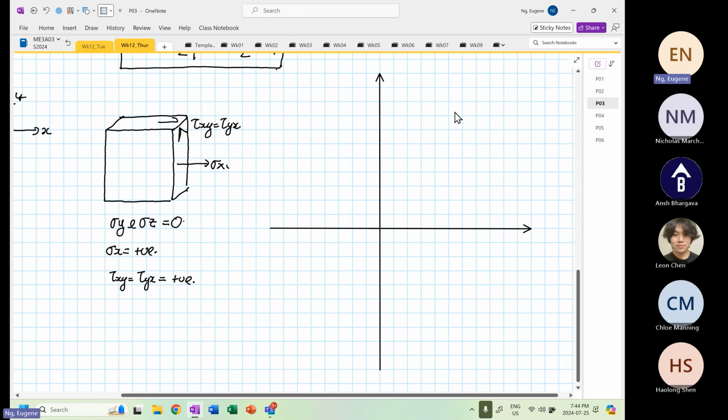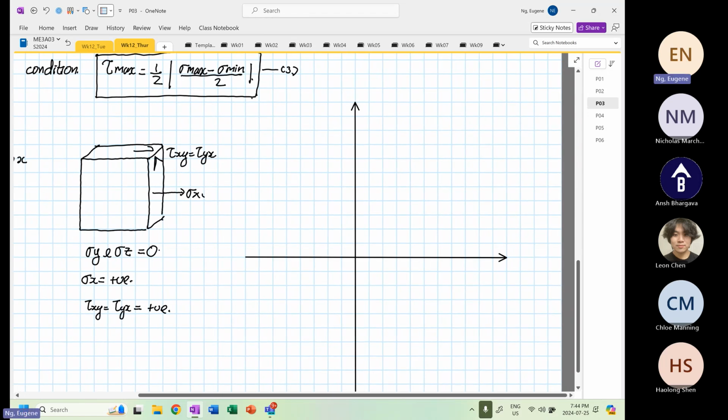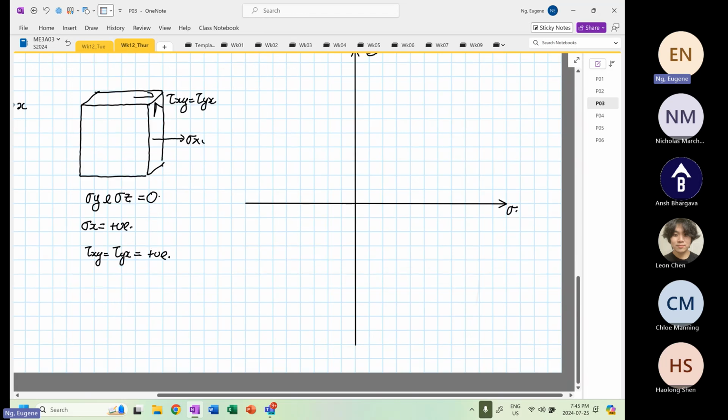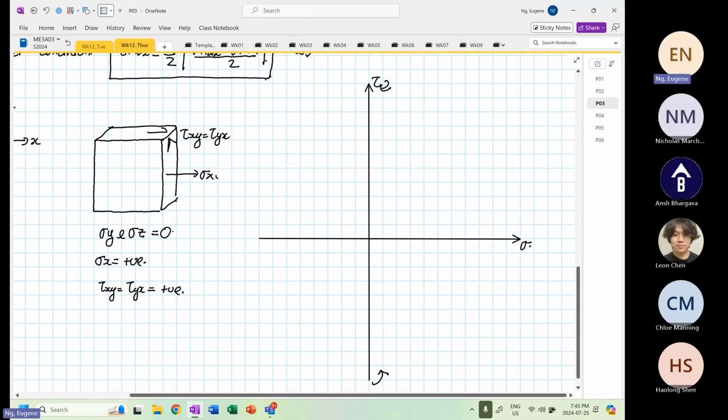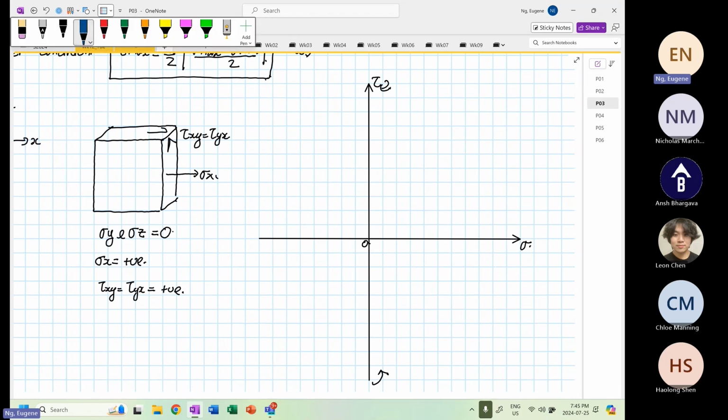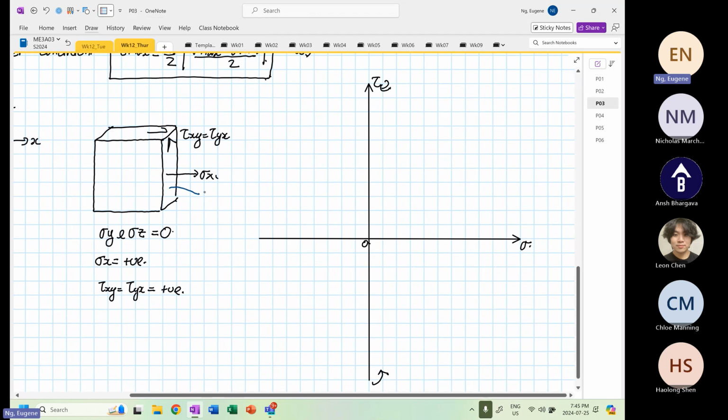So now we have our normal stress, shearing stress, element rotate clockwise, element rotate anti-clockwise now. And this is our 0. And then we are going to label: this is our x, this is our y, and this is our z.